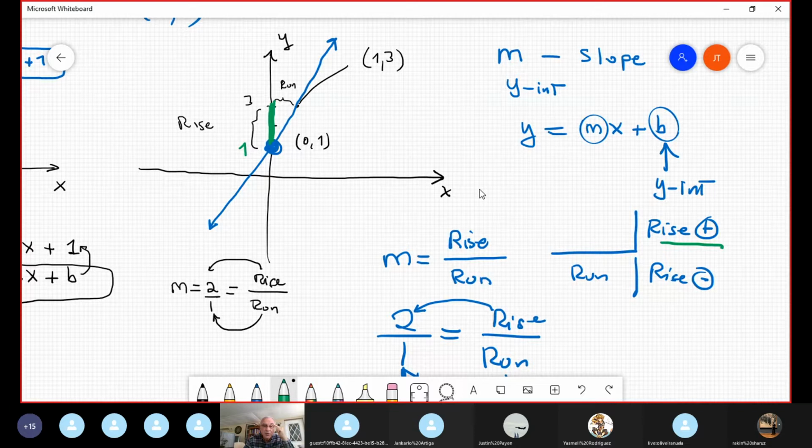Now I go in the right direction, run 1, and we get the second point. And this second point we connect by a straight line with the first point, and we get the graph of the line. Do you see or no? Yes, Professor.